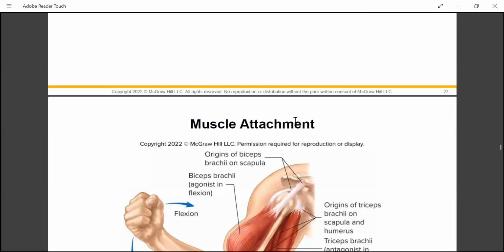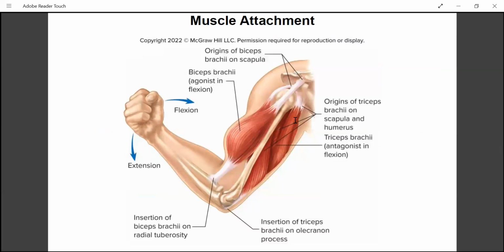So here's our example for our biceps. The origin is up here on the coracoid process of the scapula, and then it inserts here on the radial tuberosity. As we contract our biceps, we cause elbow flexion or bending of the elbow.